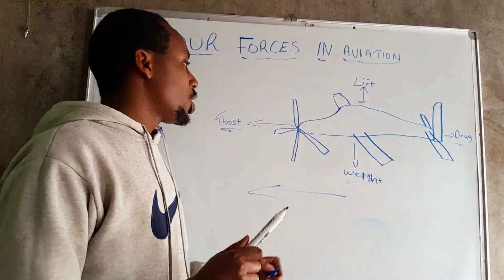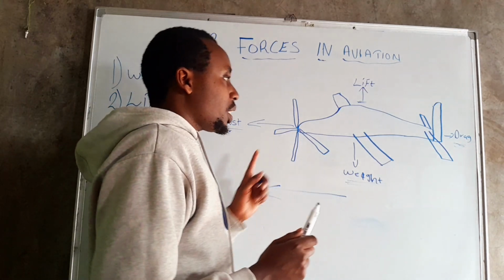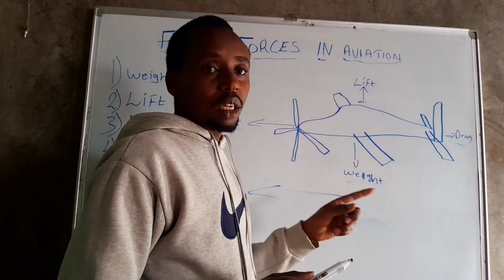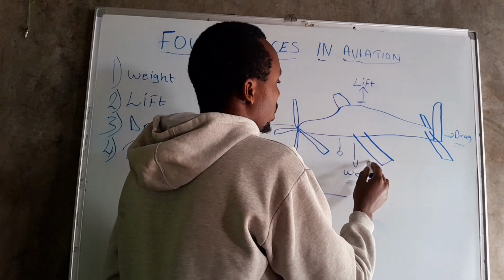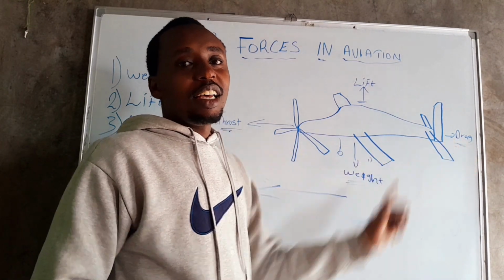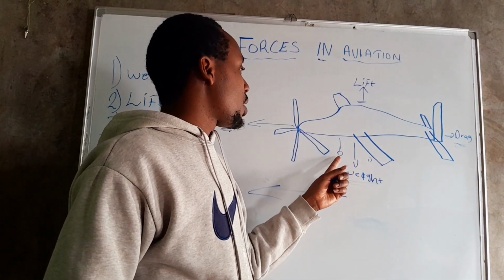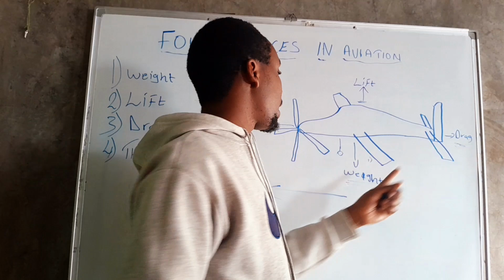Also another thing, for big aircraft, at the time of landing, lowering your landing gears, that is the wheels, also helps in the increase of drag. It's not a matter of weight, these ones, but they help us in increasing the drag.